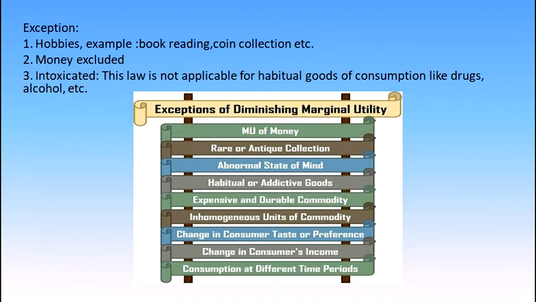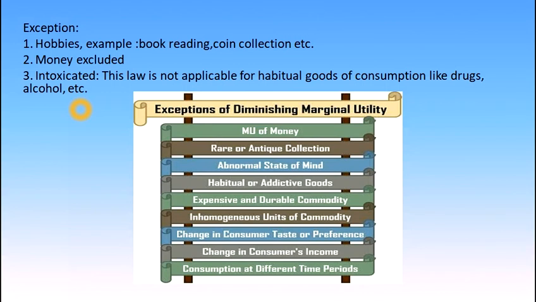Next are intoxicants, the habitual goods, that means drugs, alcohol, cigarettes, etc. The people who consume drugs or alcohol will keep on consuming again and again. Their marginal utility will never decrease, or it will never go negative. They won't say, no, I don't want to drink any more alcohol.